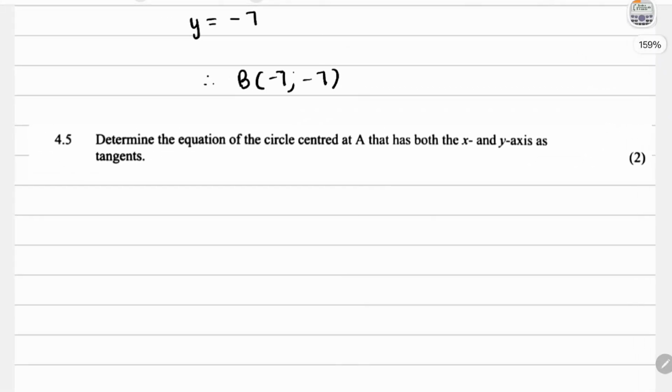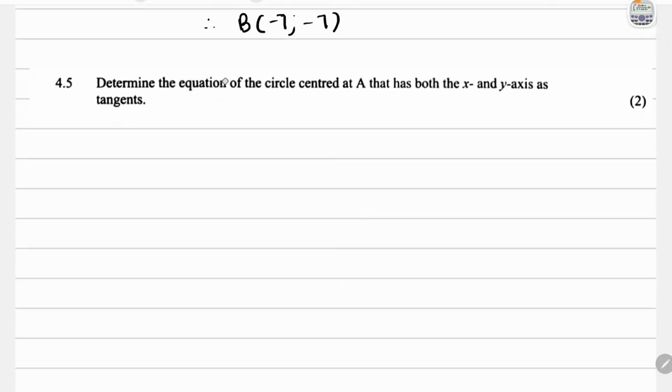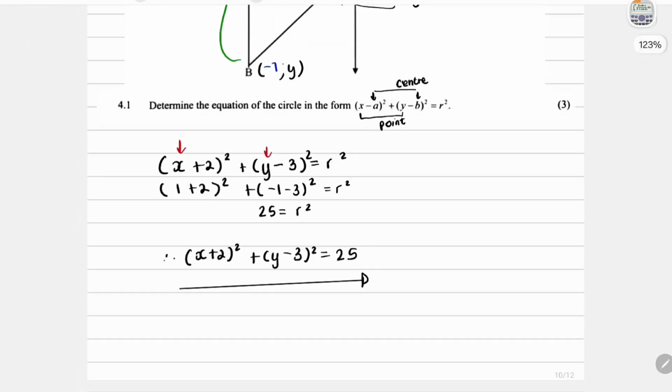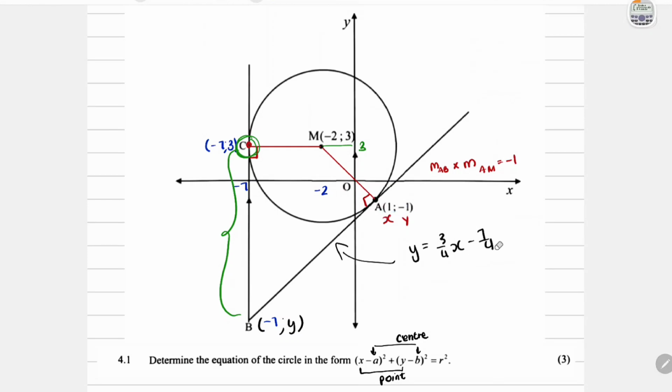Then question 4.5 says, determine the equation of the circle centered at A that has both x and y axis as tangents. Okay, interesting. So we have to determine the equation of the circle centered at A. So this is where A is. We have A over here. And let me just get rid of every other thing.